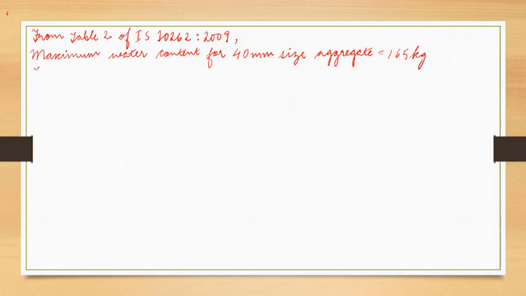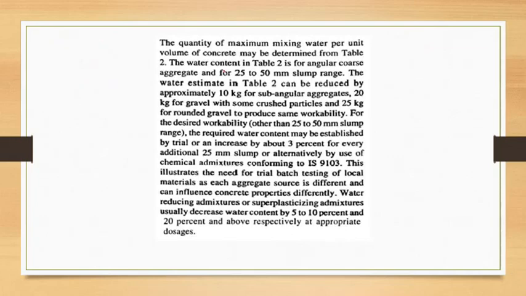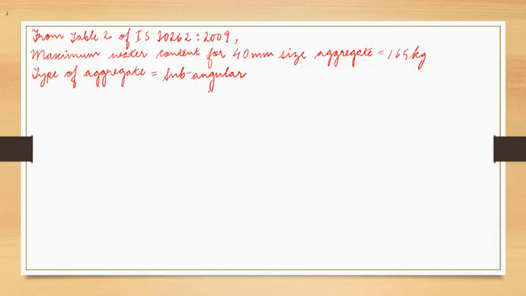Now what is the type of aggregate that we have, or the shape of aggregate? Type of aggregate is equal to subangular, which is given in the question. So subangular karone ami ki adjustment koribo lage, it is given here 10 kg reduction for subangular aggregates.